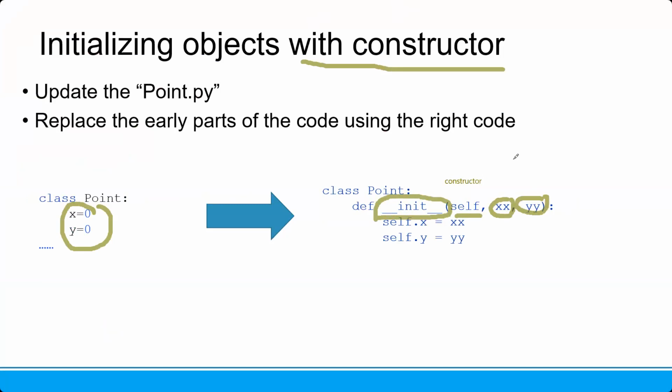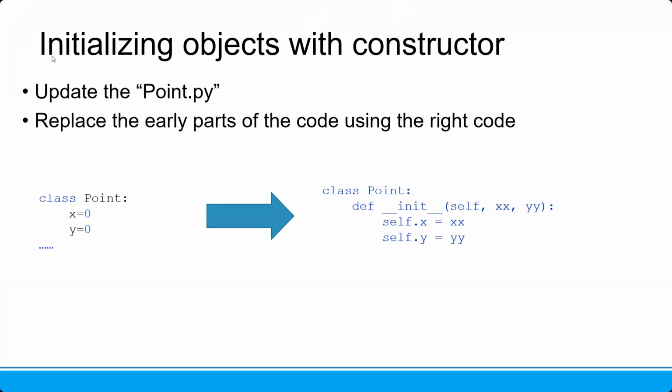So let's say this xx will be an argument for the variable x, and this yy will be an argument for the variable y. Then we will make the constructor. This one is for creating X and Y. There are two data members.